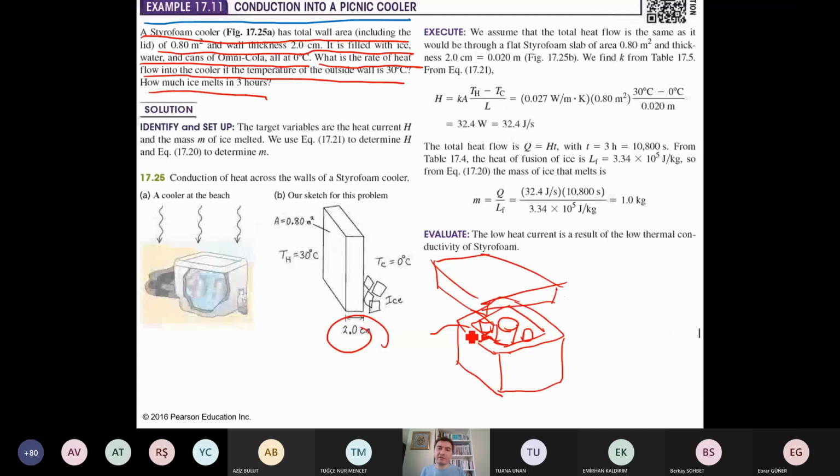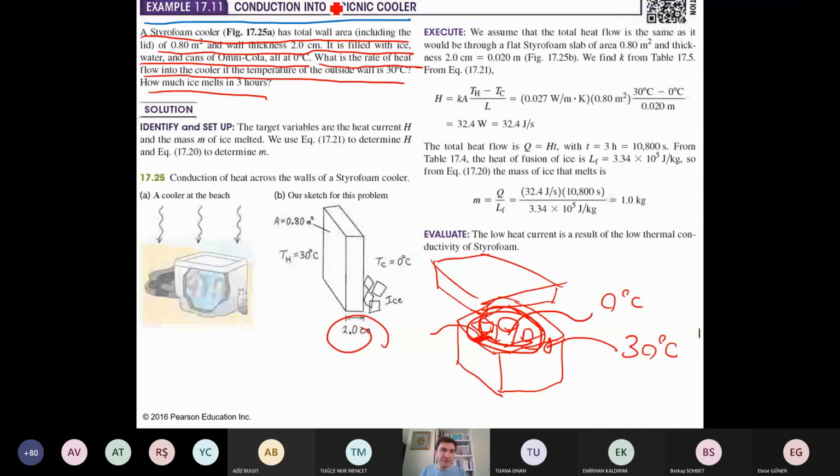Then you can keep your cola cold for a long time within this cooler. But what about the outside temperature? Outside temperature is 30 degrees Celsius and inside temperature is 0 degrees Celsius. So there will be heat flow from outside to the inside, okay?